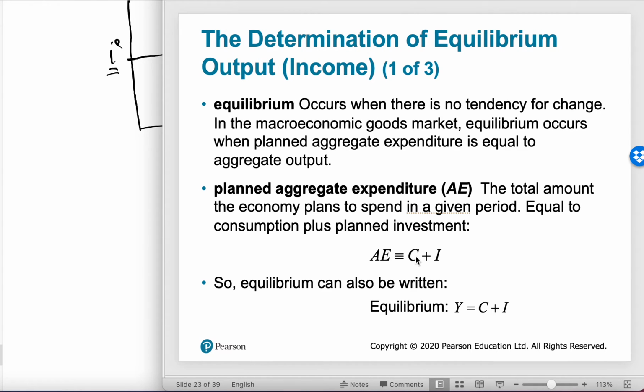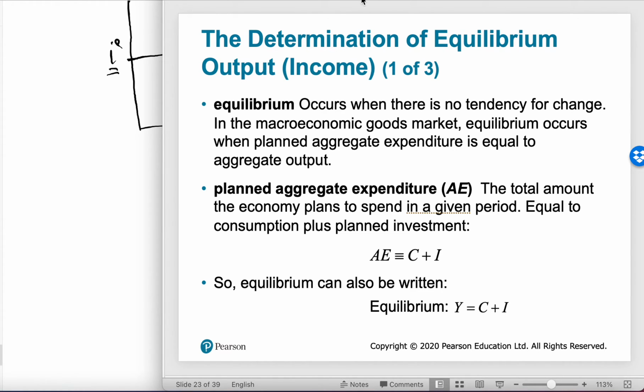Now that we know the consumption, saving, and investment functions, we are able to basically say what would be the equilibrium in the market.